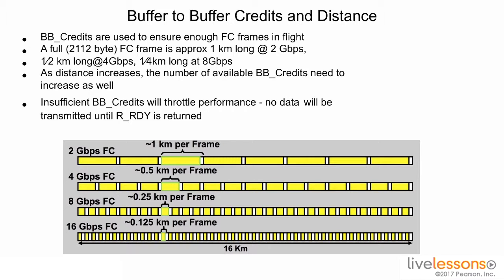For example, if I had a 10 km link and I was running at 2 gigabit speed, I know that I could fit 10 frames on that link at a time. So if my buffer-to-buffer credits were 8 and not 10 or 11 or 12, then I would run out of credits before I could fill the link, and I would be waiting for a response from the other side before I could put another frame on the link. So it's very important for longer links to make sure that you have enough buffer-to-buffer credits.